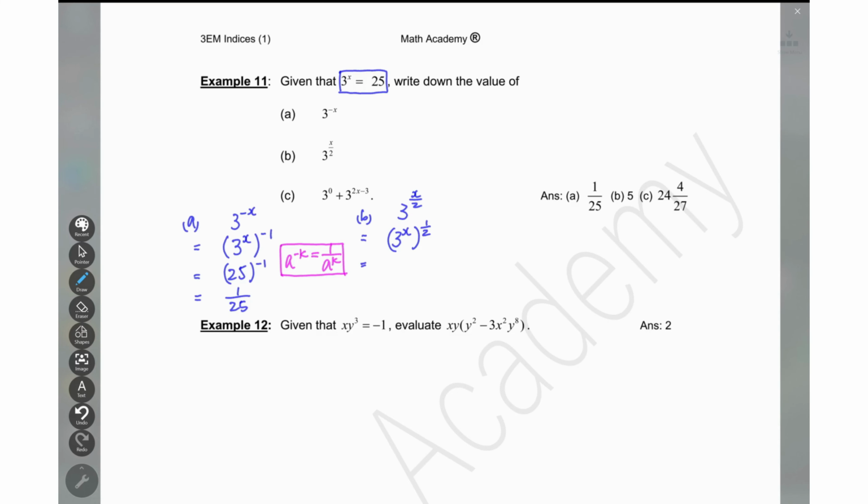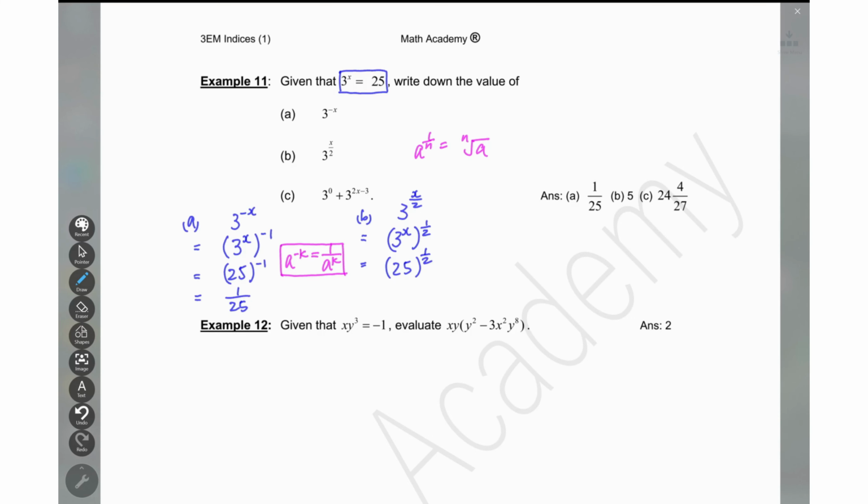Okay, so for 3 to the power x, we can use 25 as a substitution, to the power of half. And recall that we learned in the earlier laws, when we have a to the power of 1 over n, it means the nth root of a.